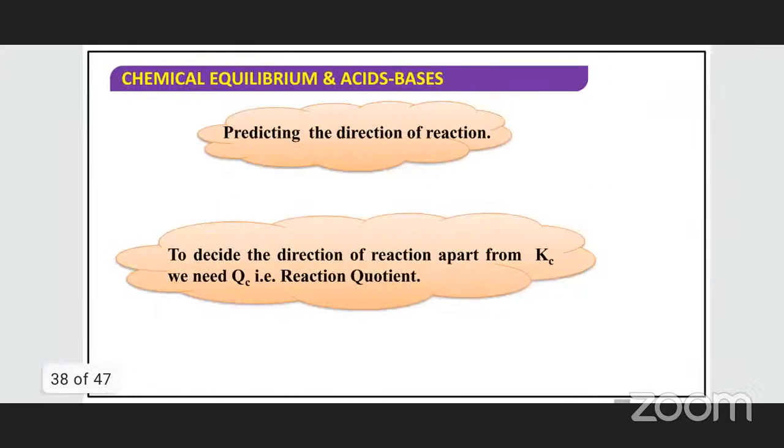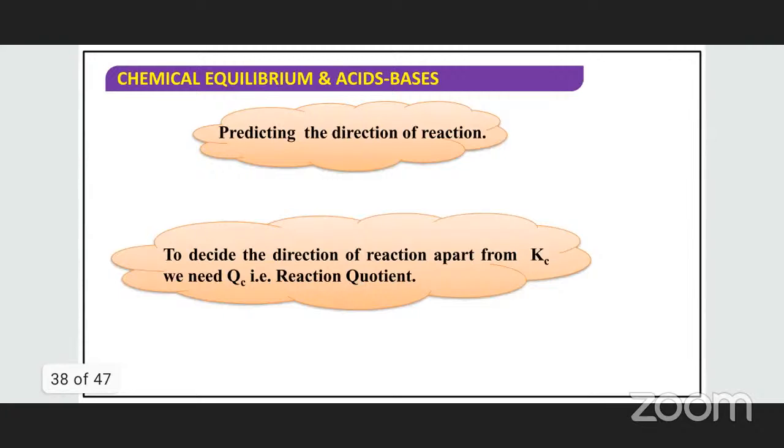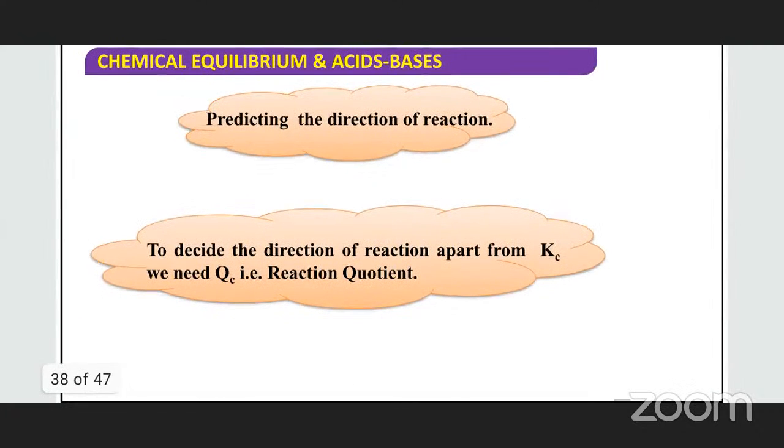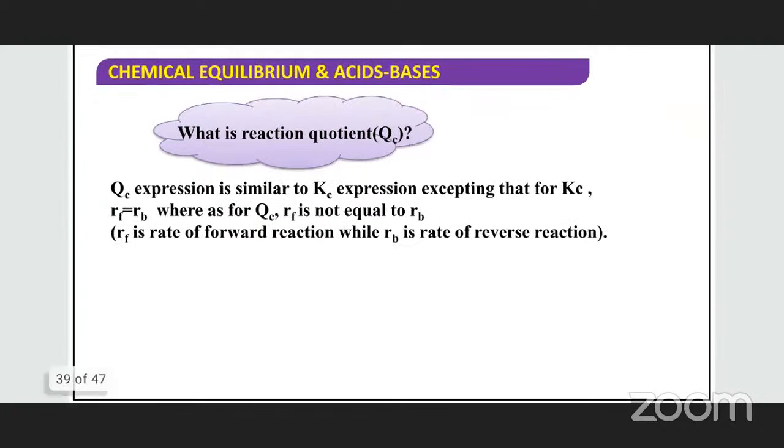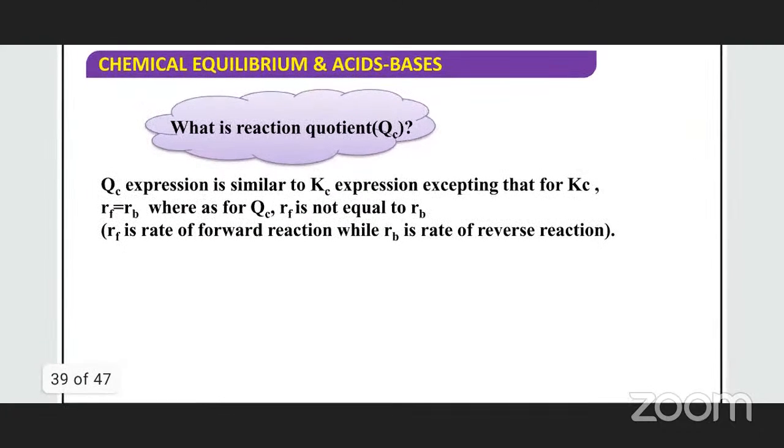Now, predicting the direction of reaction. To decide the direction of reaction, apart from Kc, we need Qc, the reaction quotient. What is reaction quotient Qc? The Qc expression is similar to the Kc expression, except that for Kc, Rf is equal to Rb, the forward reaction rate is equal to the backward reaction rate, whereas for Qc, Rf is not equal to Rb.